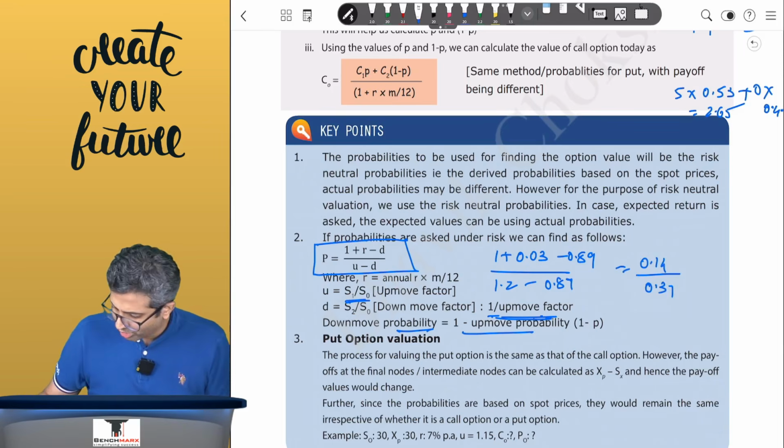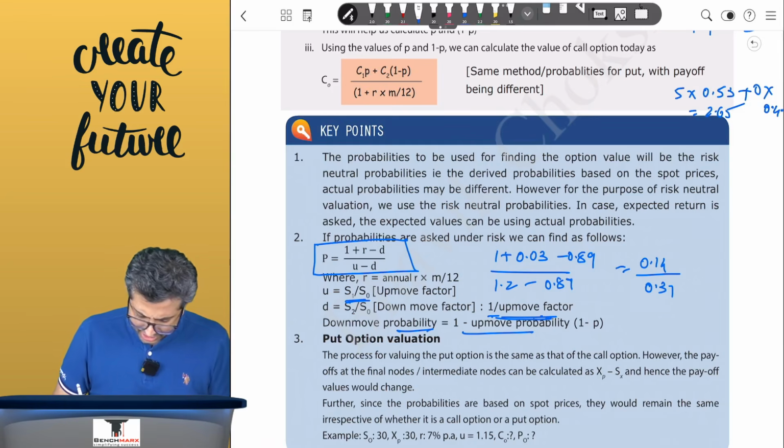So if I do 0.14 upon 0.31, let's say it comes to what? 1.2 minus 0.89 is 0.31, and 0.14 upon 0.31 comes to around a slightly different number, I believe.